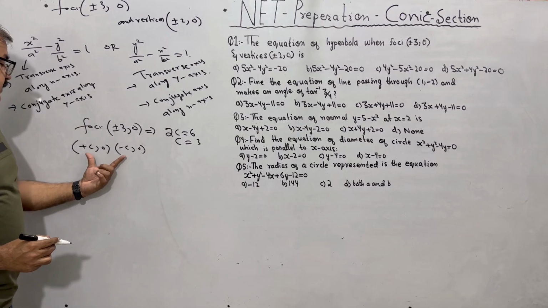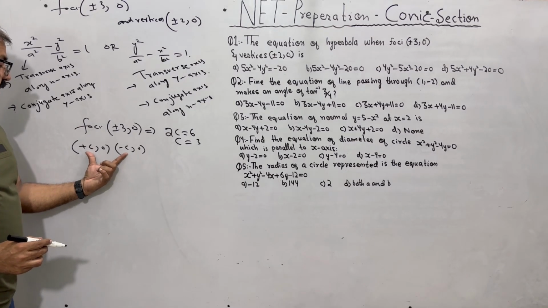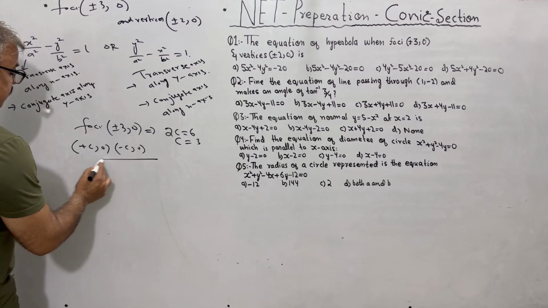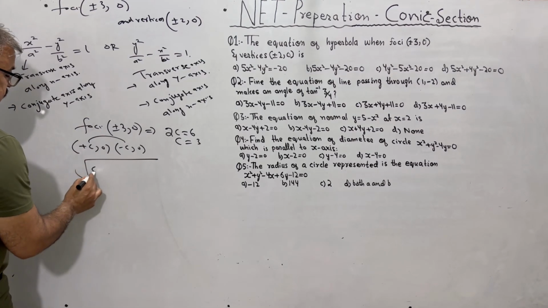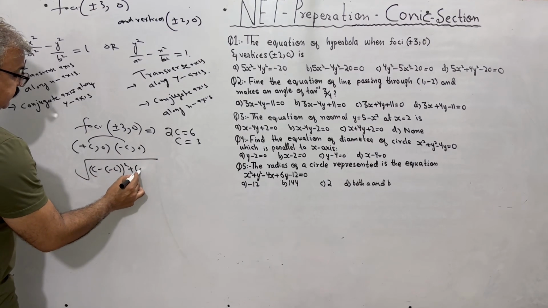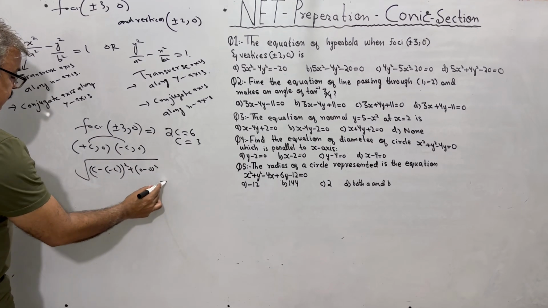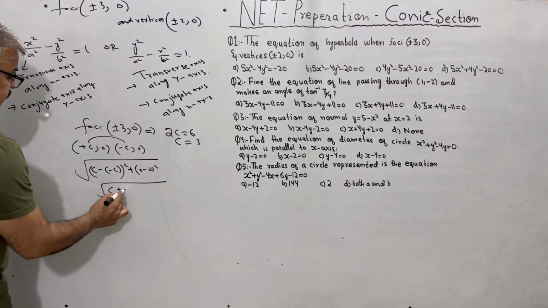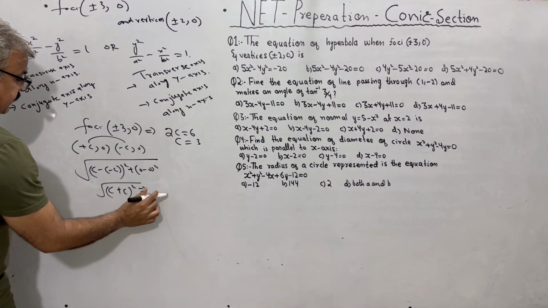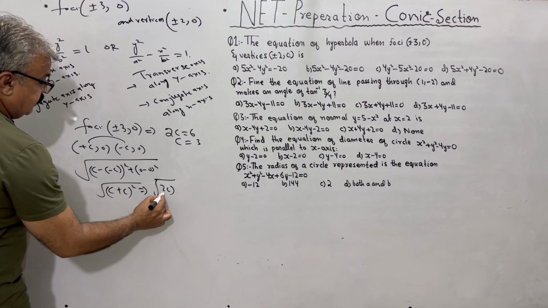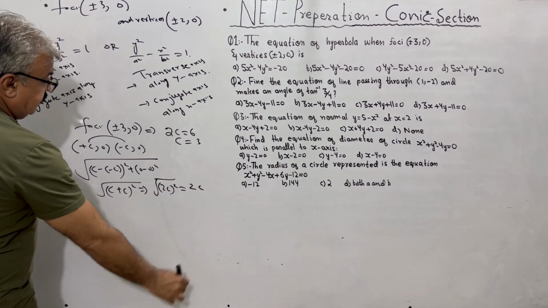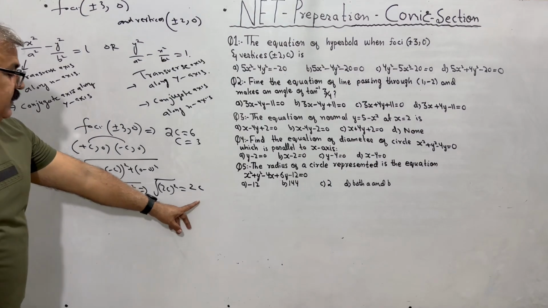Find the distance between them: c minus minus c whole square plus 0 minus 0 whole square. It will become 2c whole square, a perfect square quantity, and its square root is 2c.